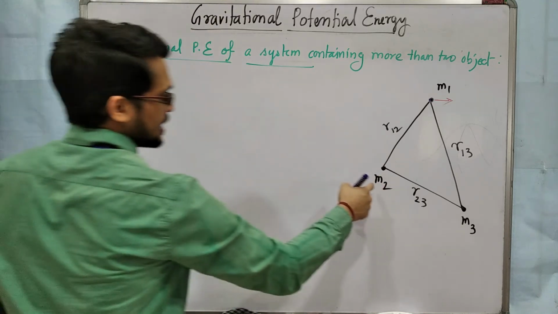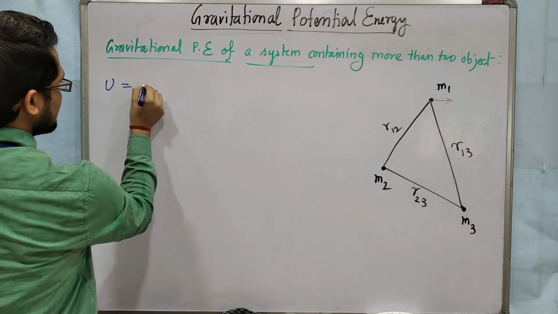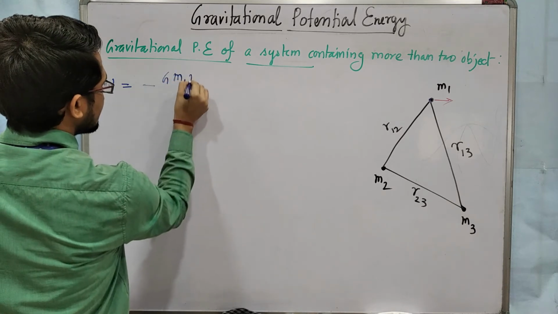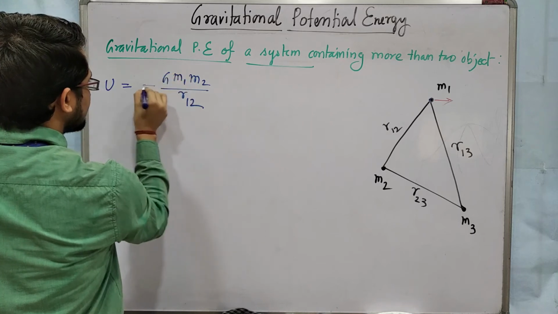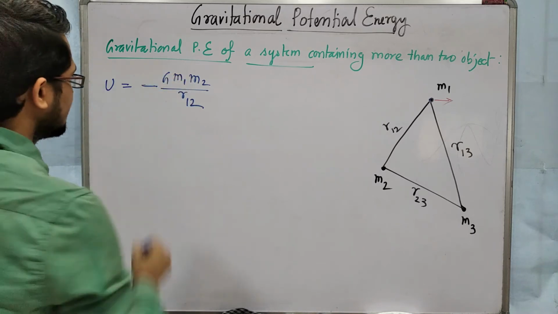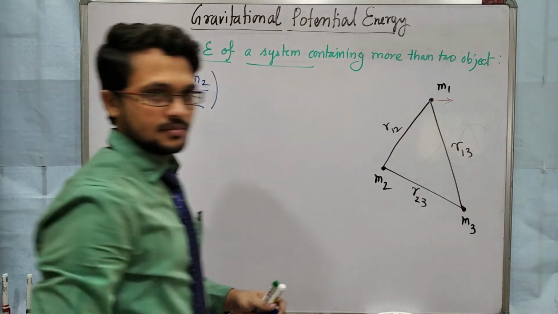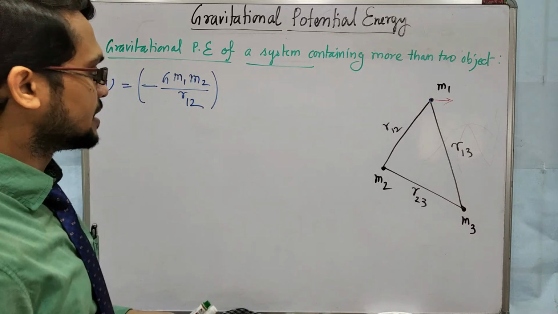For m2, brought into the gravitational field of m1, we get the potential energy minus G m1 m2 by r12, right? Clear? This is for these two bodies. We are using only the two-body formula.